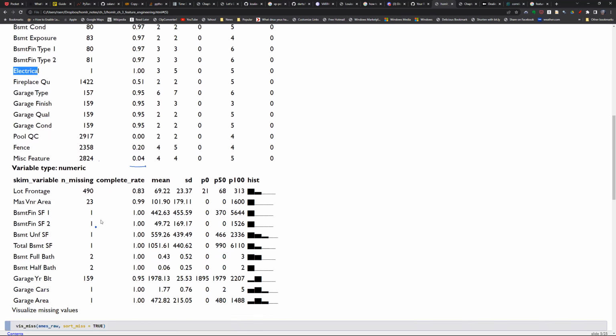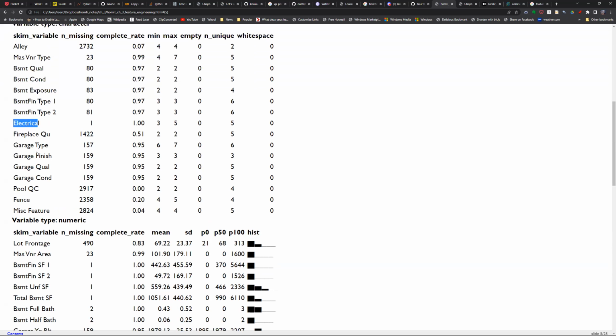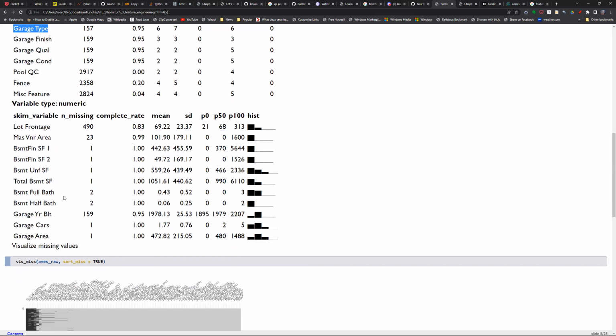Then in the numeric, it also gives you the percentage of missing. And here we see that some of the basement variables only have 1. The garage type, and we're going to talk about that, okay, is kind of combined with these ones, with the garage cars and with the garage area.